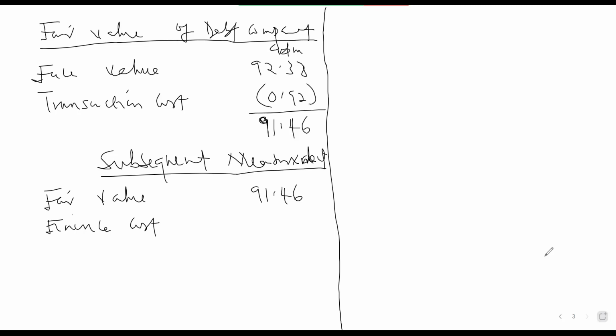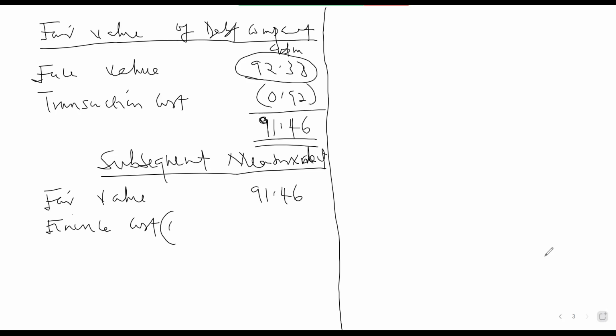Assuming there is no transaction cost, the interest rate that we'll be using is the 9%, and we would be using 92.38. But whereas the case, there's a transaction cost. So we have to use an interest rate that has the impact of the transaction cost, and that will be the 9.3%.